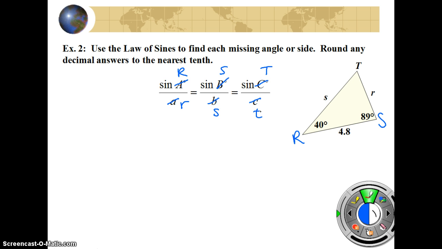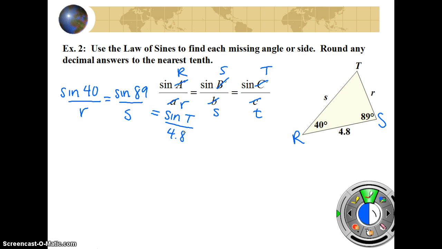So the sine of R is going to be the sine of 40 over side R is equal to the sine of S, which is 89, over S is equal to the sine of T, which we don't know, over 4.8.